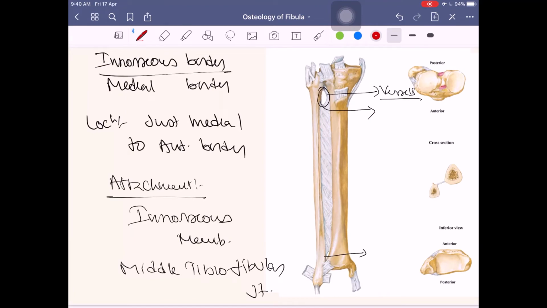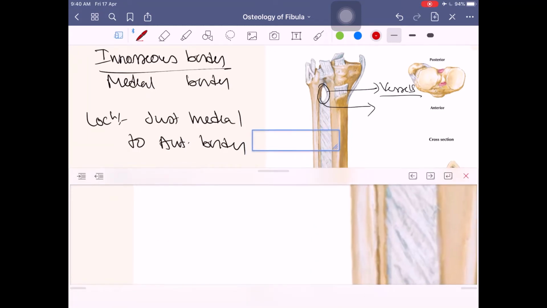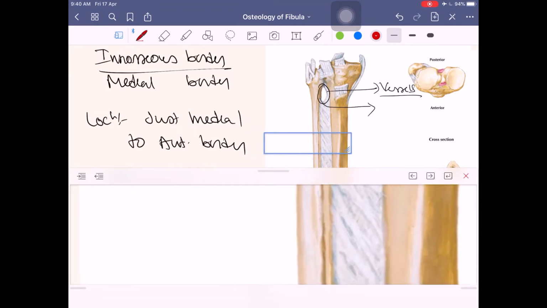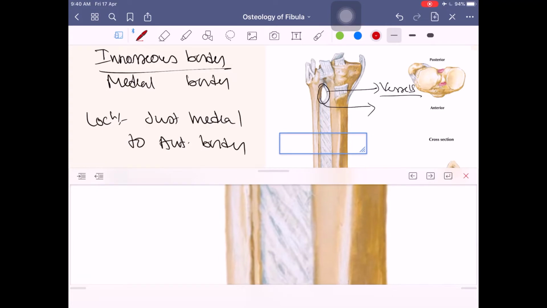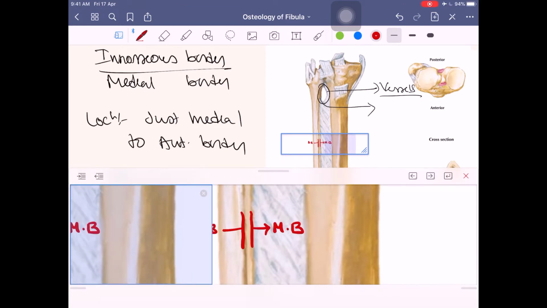Now you can see here I am using a magnifying glass. Above you see, and below you are seeing the magnified image. If I mark here, you can see there are two borders. This one I told you is your anterior border, and next to it there is one more border, this one. Now this border is your medial border or interosseous border. Two borders: anterior border, medial border.